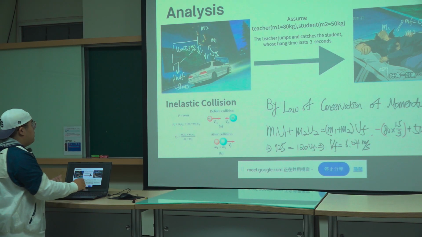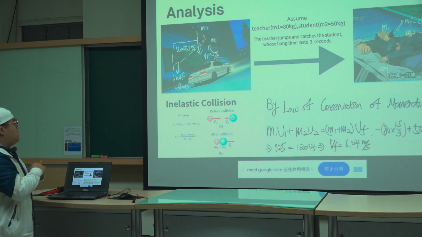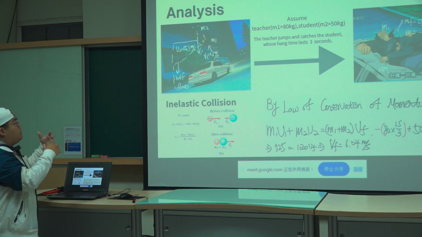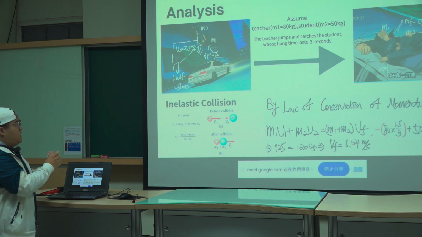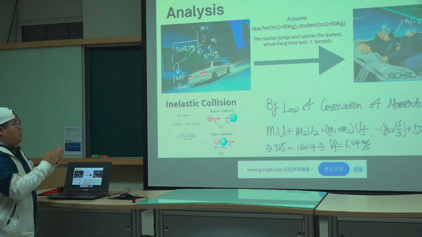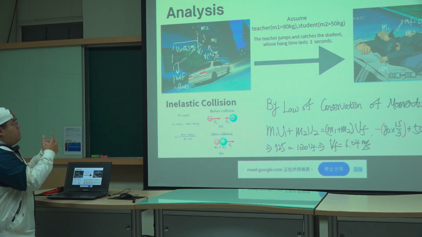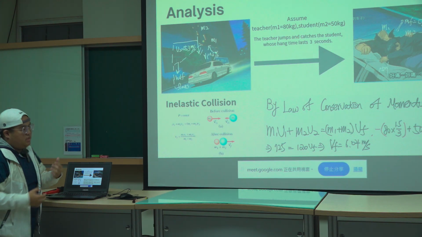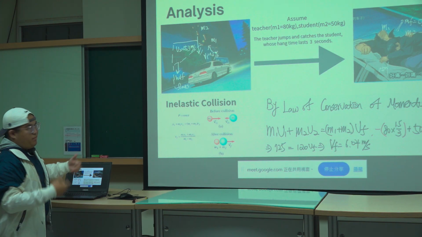If that hit you, you would definitely get fractures and internal injuries. And another one is when he jumped. I'm assuming teacher M1 is 80 kilograms and student M2 is 50 kilograms. I'm assuming the teacher jumps and catches the student, and the hand time lasts 3 seconds because he dropped onto the car.